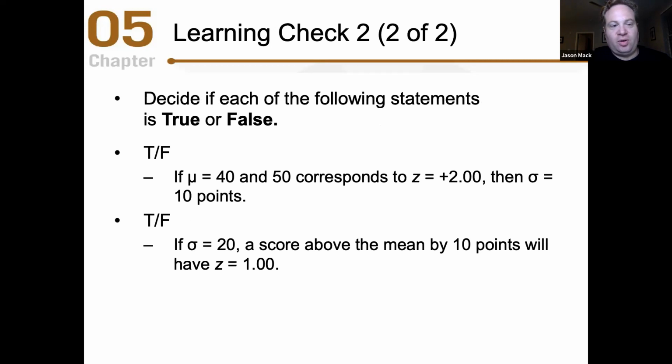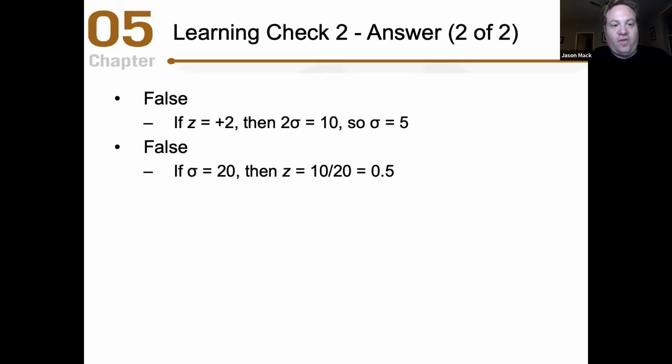Pause me or take a moment, look it up, think about it, and the answer is false for both of these. If z is equal to +2, then 2 times the standard deviation is equal to 10, so the standard deviation is equal to 5. If the standard deviation is equal to 20, then z is equal to 10 divided by 20, which is 0.5. That's how we get there with that formula.